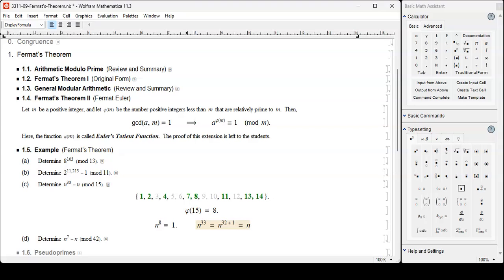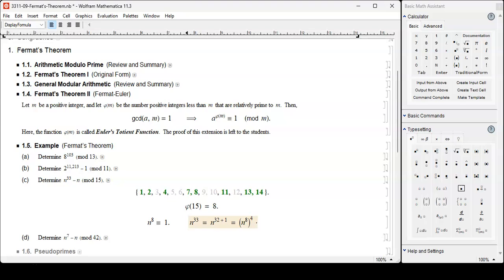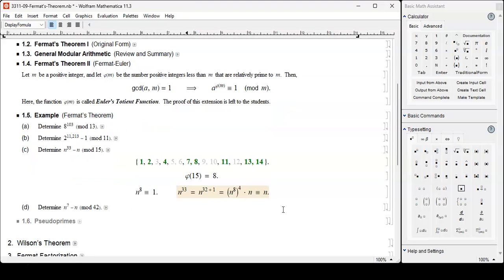And then that's n to the 8th power to the 4th power. That's 32, right? 8 times 4 times n to the first power. First power, I don't have to write it. So that's just n.